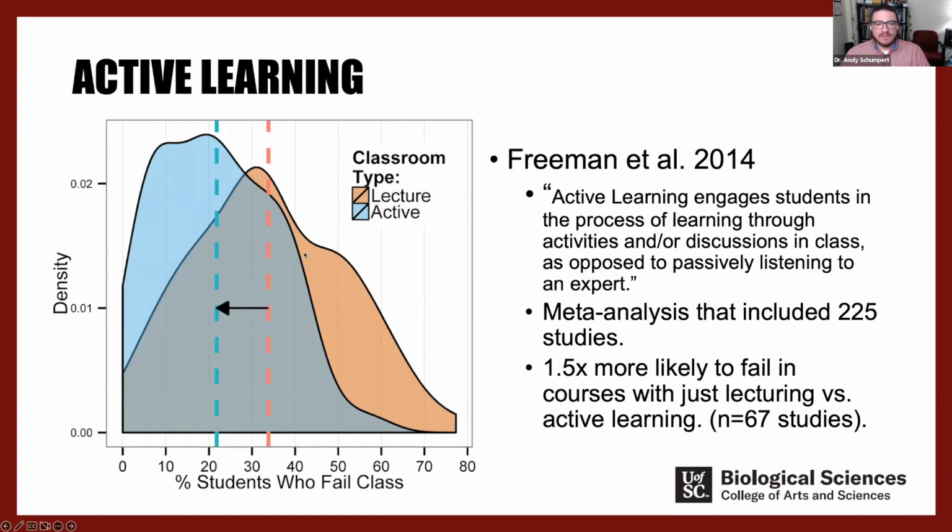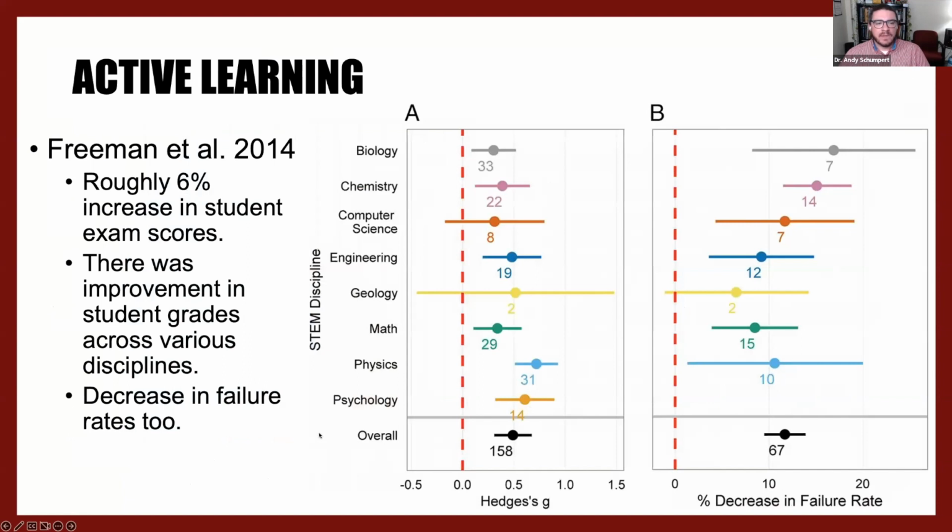And so you can see this kind of shift here. They found that students were 1.5 times more likely to fail in courses that were just lecturing versus those that were employing active learning strategies. And so they went further into this and performed some fun statistical analysis.